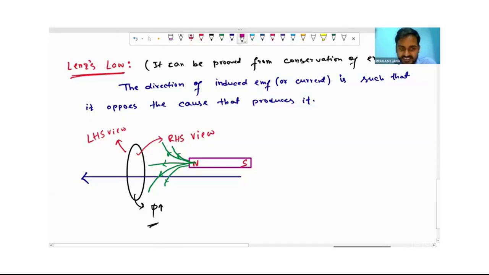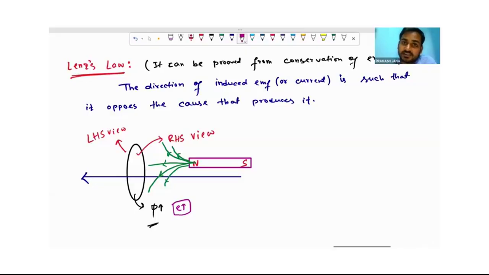When the flux changes, there will be an induced EMF, and the direction of the induced current will be such that it will oppose the cause that produces it.